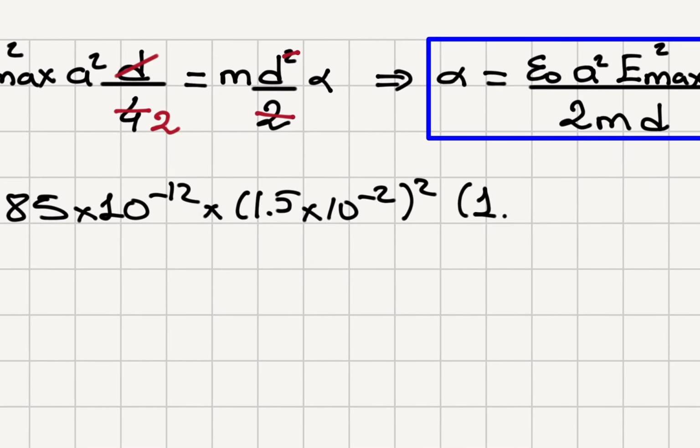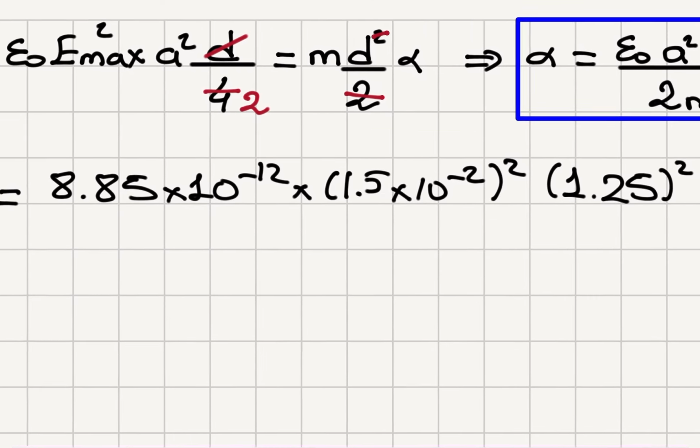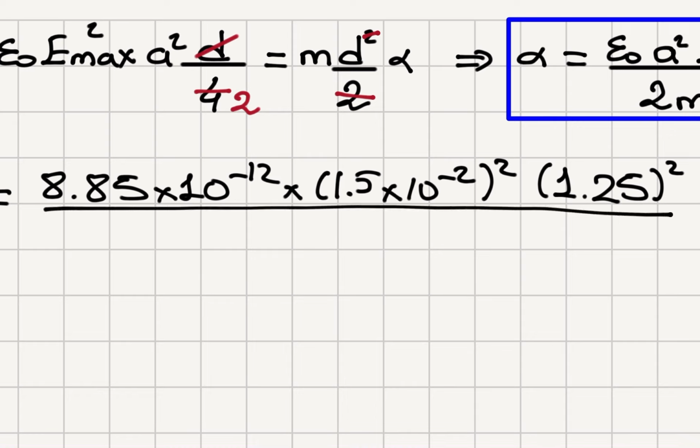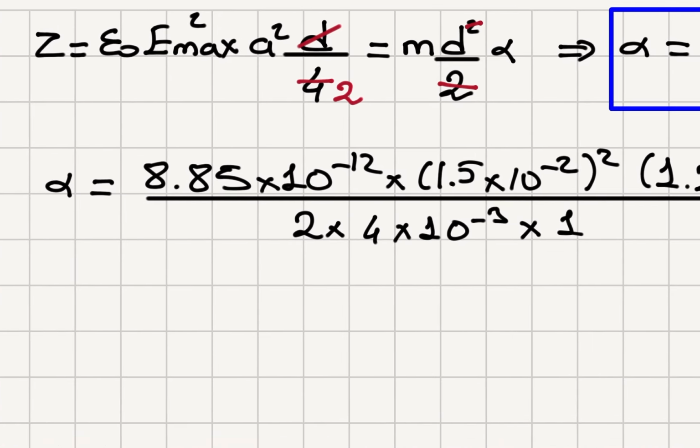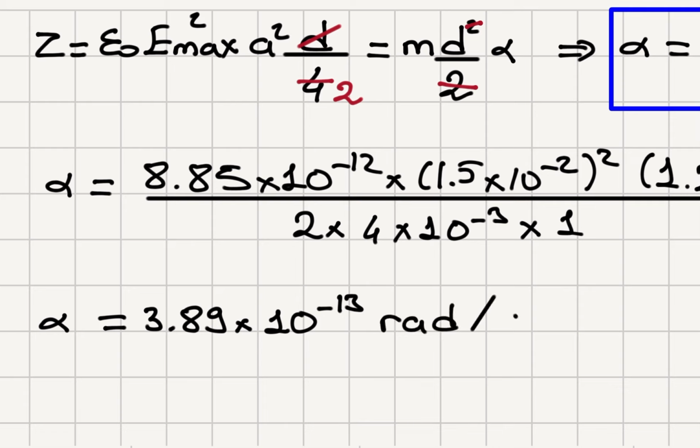The E max is 1.25 newtons per coulomb, so E max squared divided by 2md. So 2, each of them were 4 grams, 4 times 10 to minus 3 kilograms, and the distance d is 1 meter. So this gives me the final answer for angular acceleration as 3.89 times 10 to minus 13 radians per second squared.